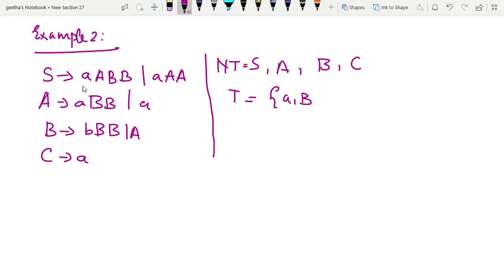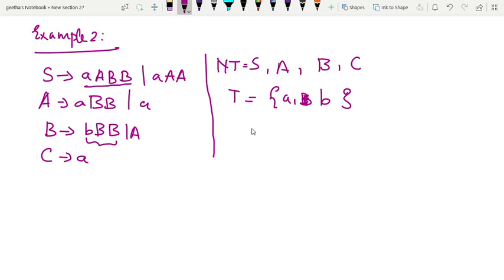Here in the RHS you have ABB. What is remaining? a. So you add it to the set of terminals. Next, here also we have a, so no need to write it twice. Again a here, and the rest is non-terminal, which is already added. Next, you have a, no need to write it again. Here we get one more symbol, that is b, which I added here. The remaining are non-terminals, already added. So only two terminal symbols we have here, a comma b.